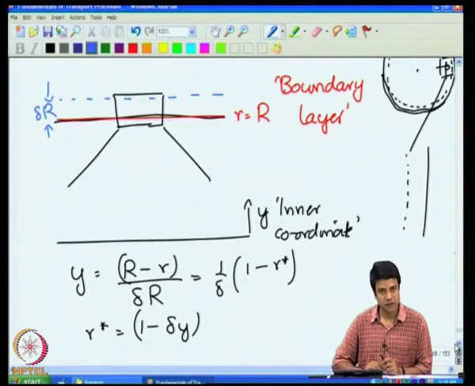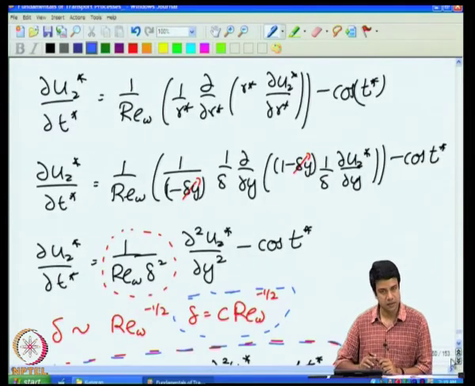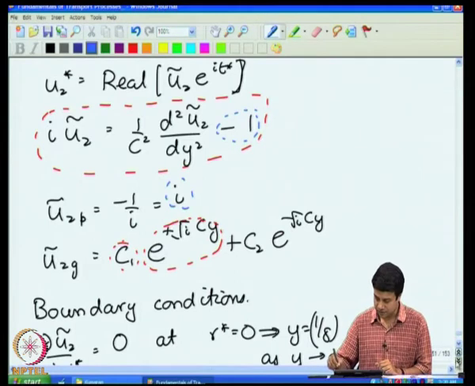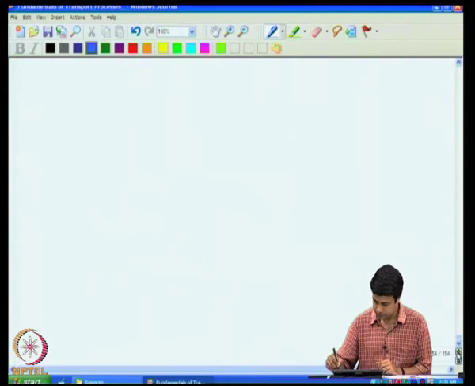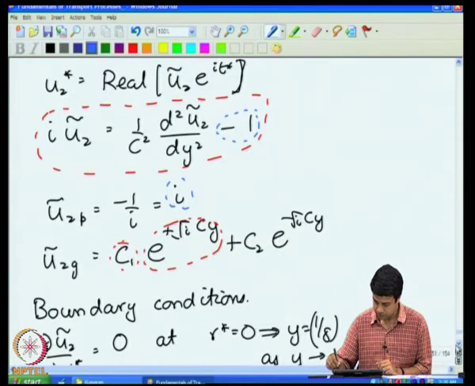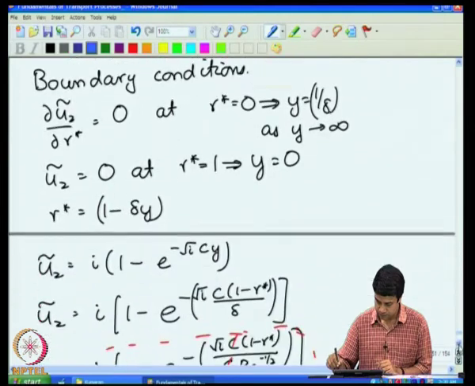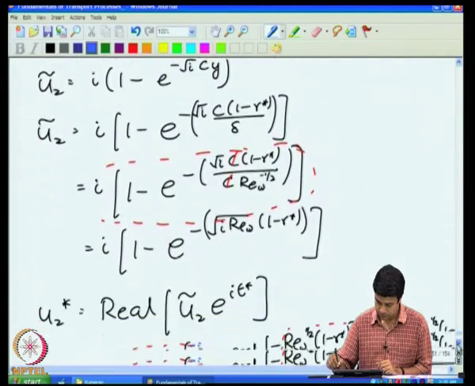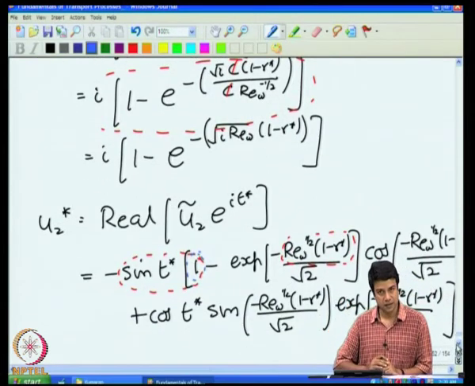And once I have defined it that way, I do get a balance between inertial and viscous terms within this layer, and I can get an analytical solution for the velocity field. I had derived for you in the last class the exact analytical solution for this velocity field.